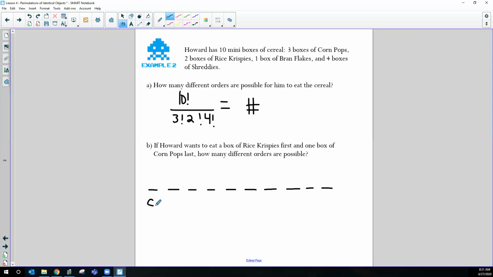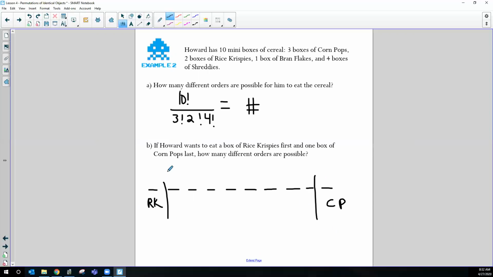This has to be a corn pop right here. And this has to be a Rice, or sorry, I mixed that up. This has to be a Rice Krispie. And this one has to be a corn pop. Okay, so this is going to get a little bit complicated. This is called repeating objects with restrictions.